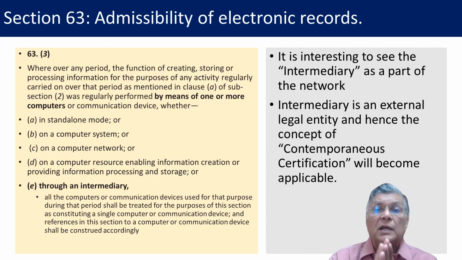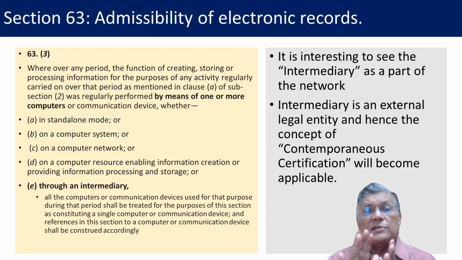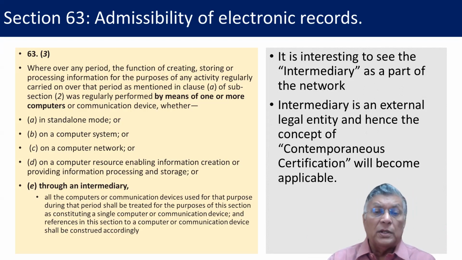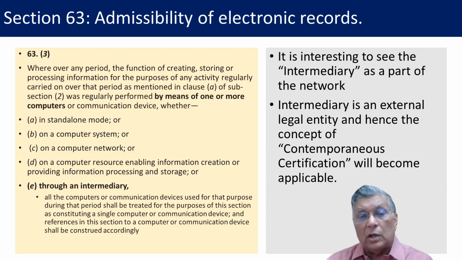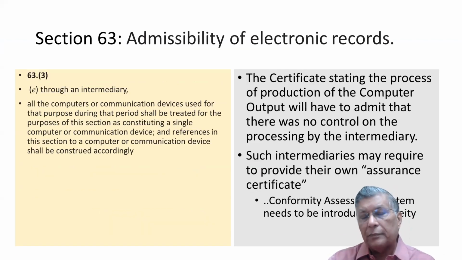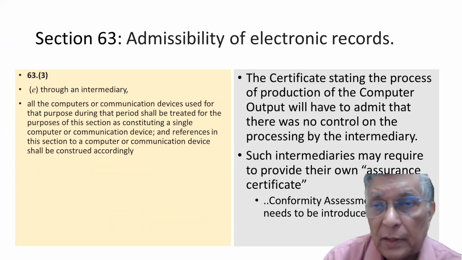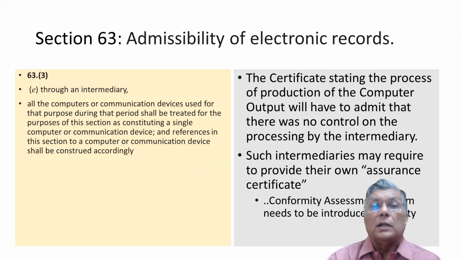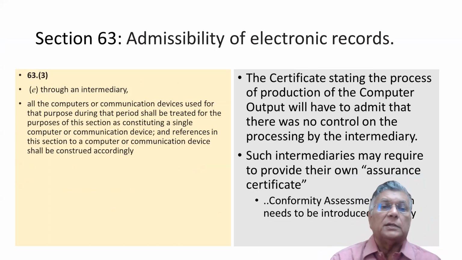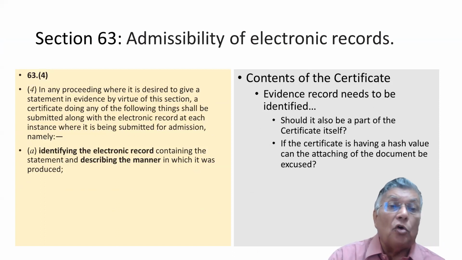So there has to be a kind of assurance certification from this intermediary. So this should have been spoken of in the procedure for this. Now we'll come to section 63(4).